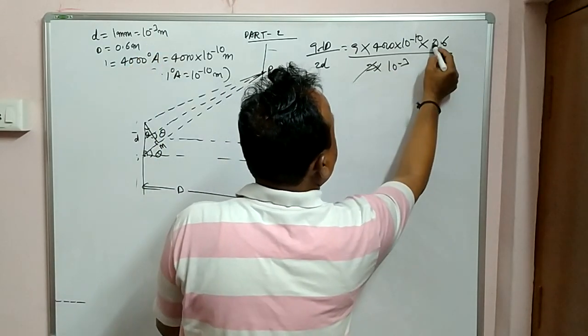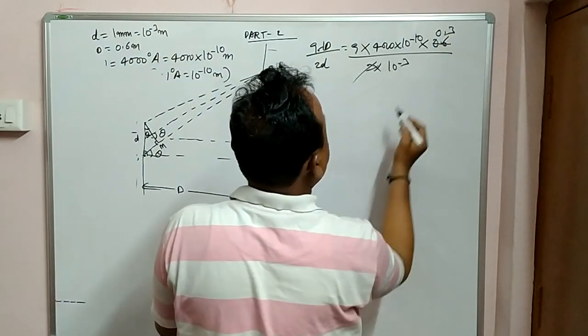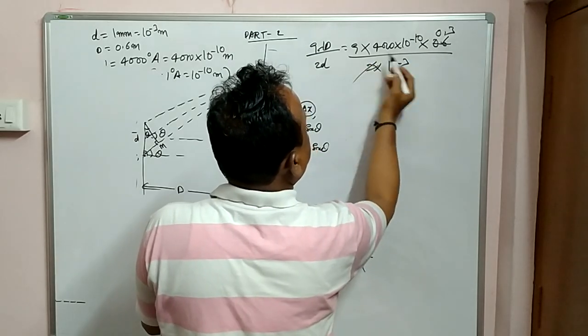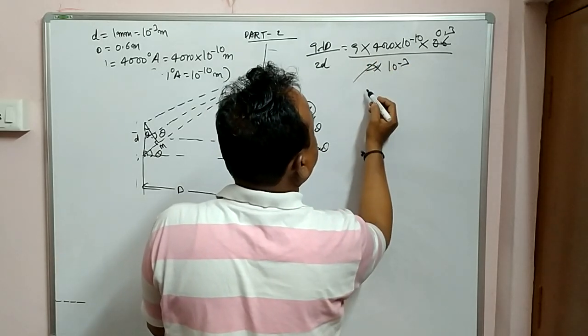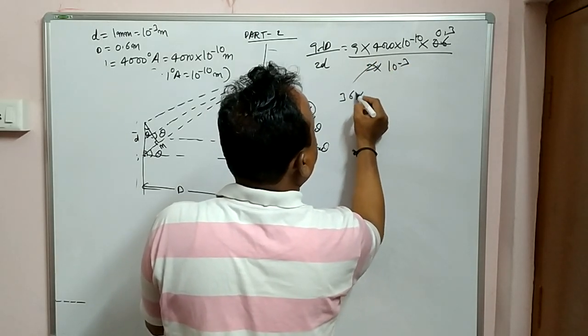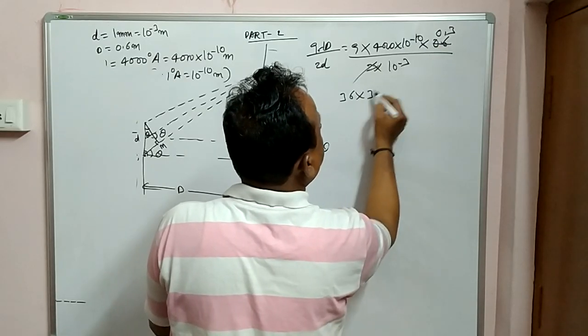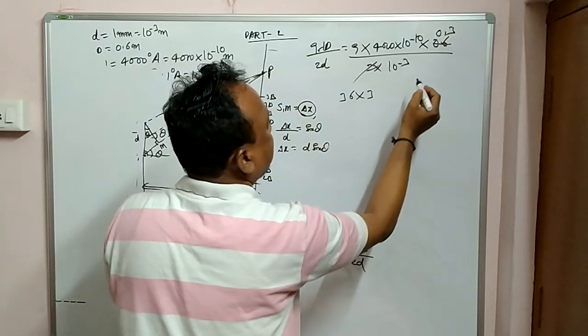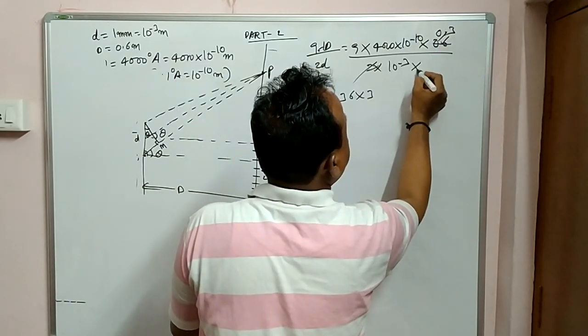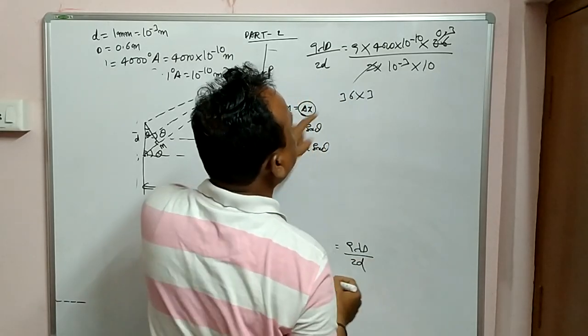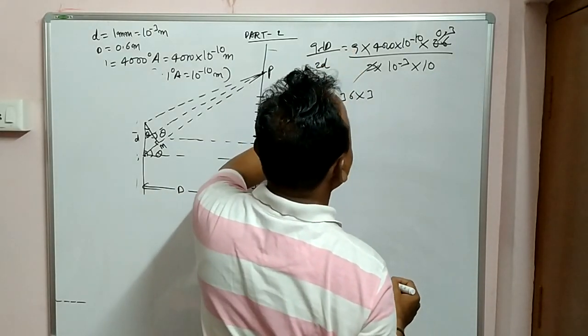So 2 ones are 2. Here we will multiply 9 4s are 36 into 3. That point I will drop here, 10 to the down. Okay? So then 9 4s are 36 into 3.